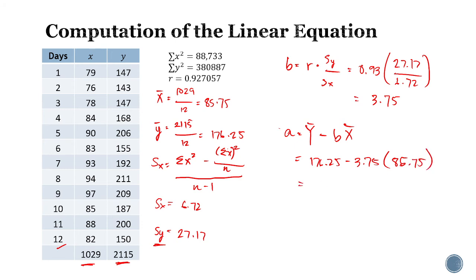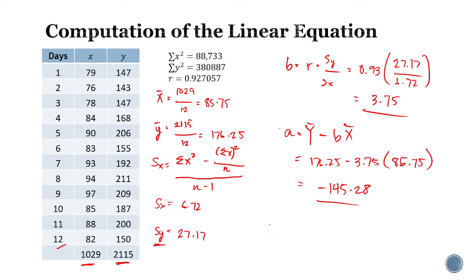Okay? And in here, if you are to compute this, this will be actually equal to negative 145.28. So, by that, meron na tayo actually linear equation. So, bale, kailangan lang natin dyan ay yung ating b and yung ating a, yung b which is our slope, and a which is our y-intercept.